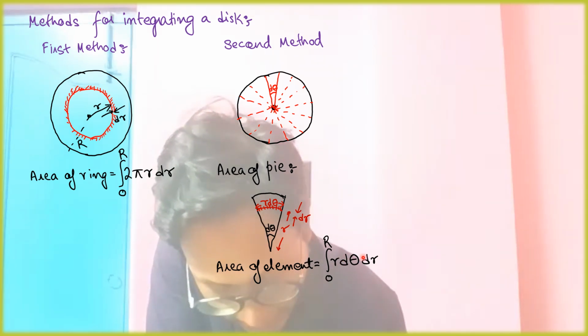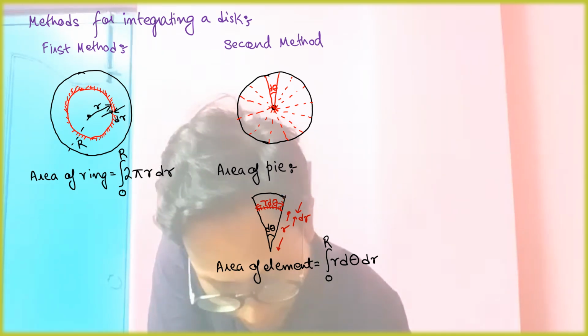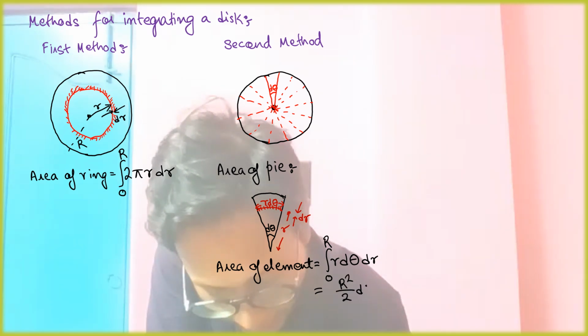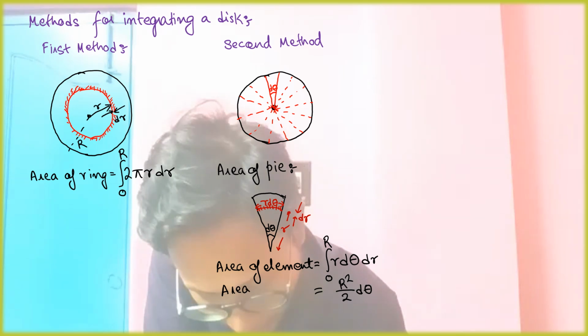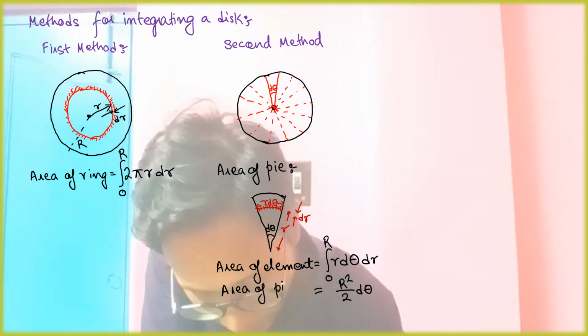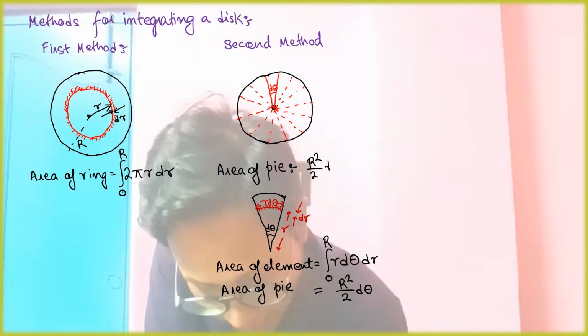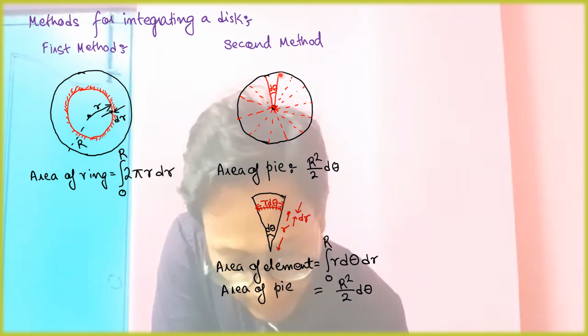So r d theta into dr, when you integrate from 0 to r, you get the area. So the area of the pie is nothing but r square by 2 d theta, where r is the radius of the circle, or radius of the disk.